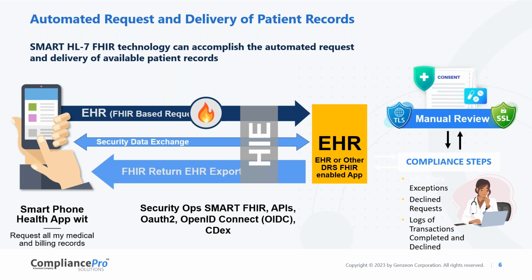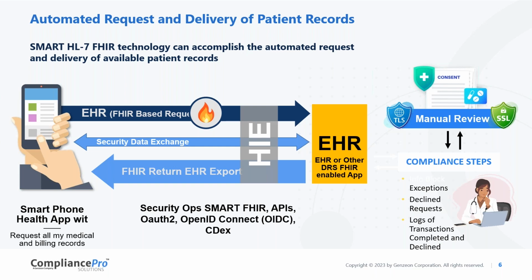The EHR will go back and forth with that app using protocols that are listed as security ops, SMART on FHIR, APIs, OAuth 2, using those protocols to identify the patient, although I'll throw in here, you still need clean MPIs, or this is going to be a mess.